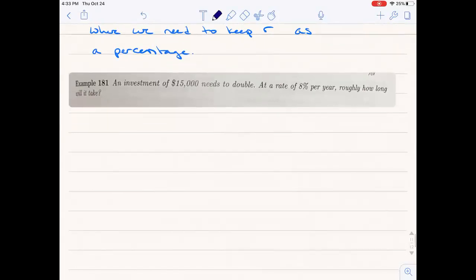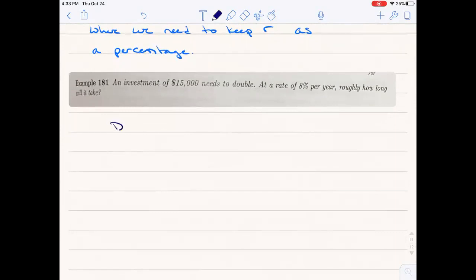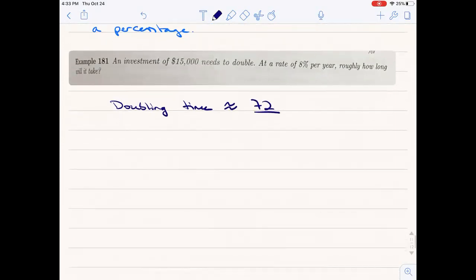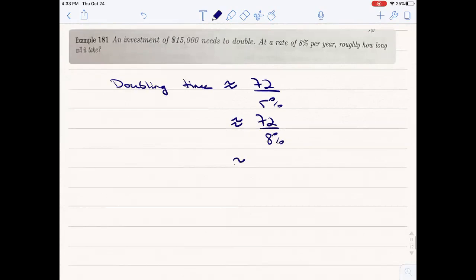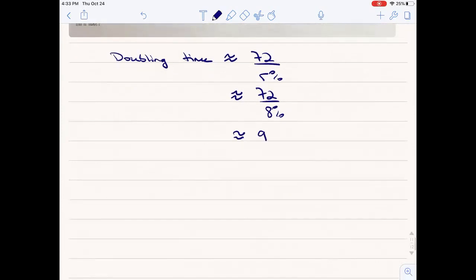The doubling time is roughly, do you guys know the squiggly equals, approximately equal? I think I've used it a lot, but just realized I haven't actually told you what it was. Approximately equal to 72 divided by our percent. So in our case, it's 72 divided by 8%. 72 divided by 8 is 9. So it would take roughly 9 years.